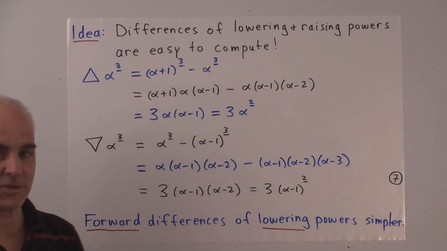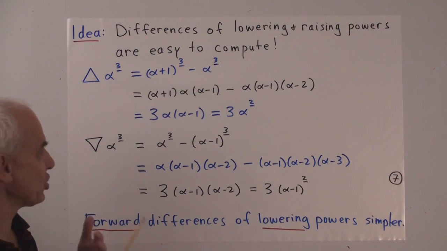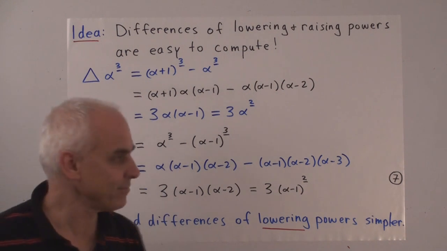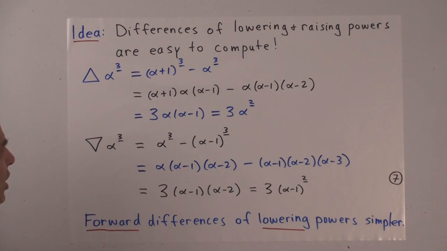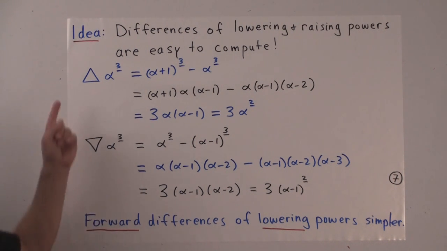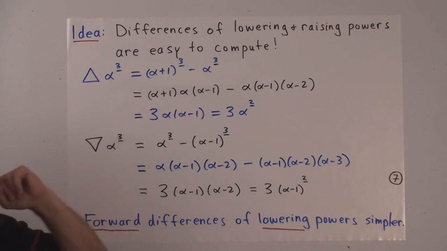They're easy to compute. And now I'm going to show you exactly why that is. So we're going to look at this particular lowering power, alpha to the 3 lowering. So we're going to take that particular polynomial and we're going to apply the forward difference to it.